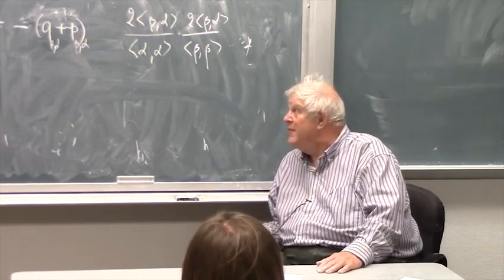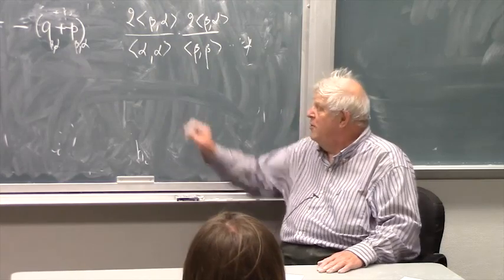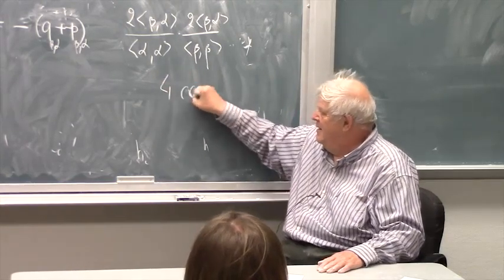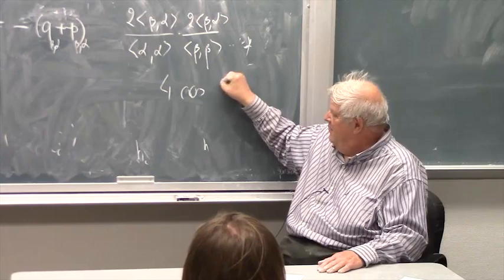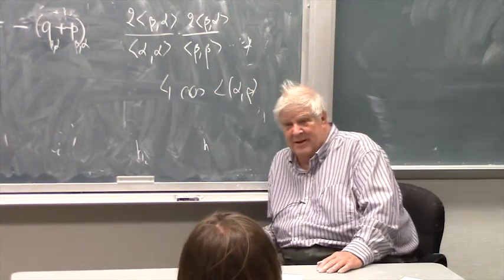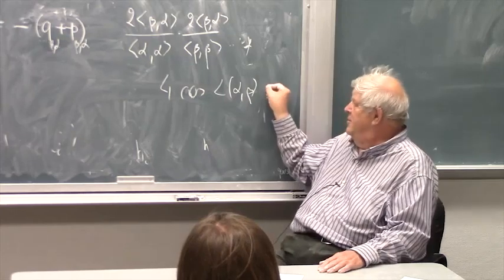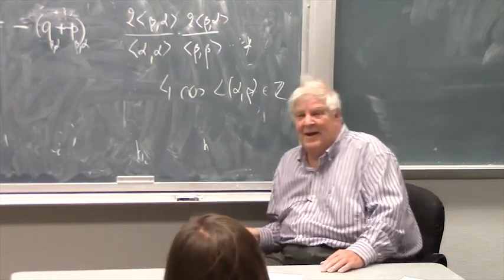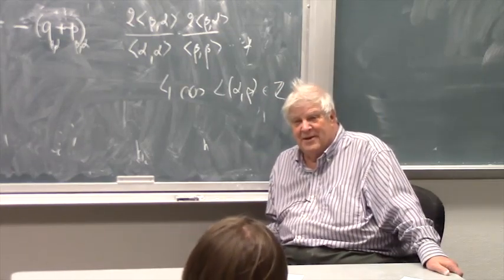Suppose this is true. So 4 times cosine square of the angle between these two vectors is an integer. What do you think of this cosine?